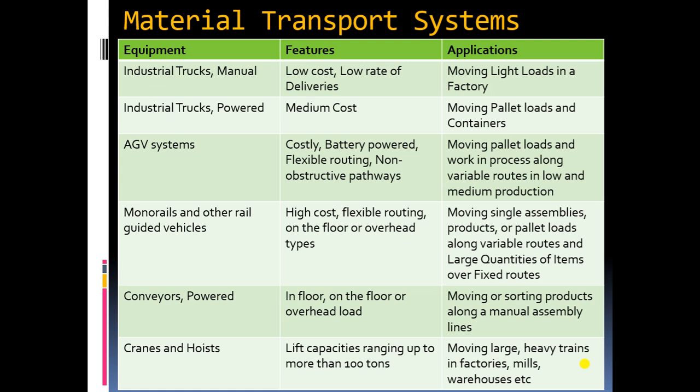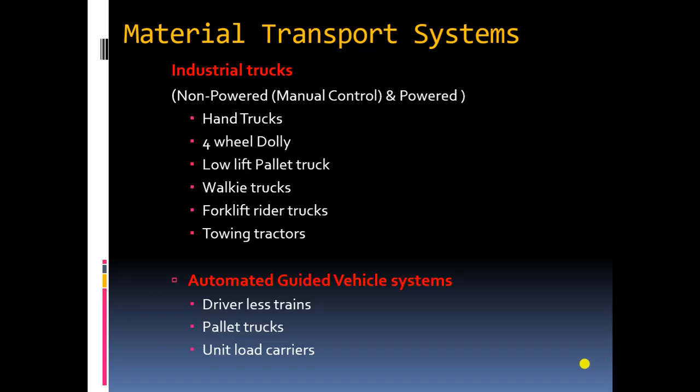So we'll see how these industrial trucks, AGVs, and monorails look in the coming slides. In case of industrial trucks, you will have information regarding hand trucks, four-wheel dolly, low lift pallet truck, walkie trucks, forklift, rider trucks, towing tractors.